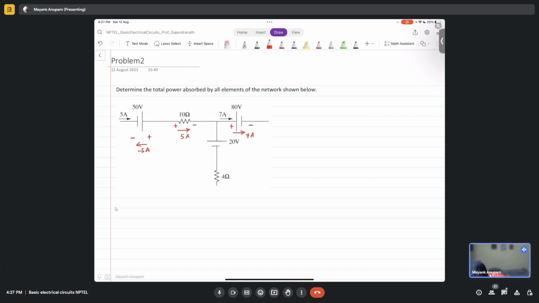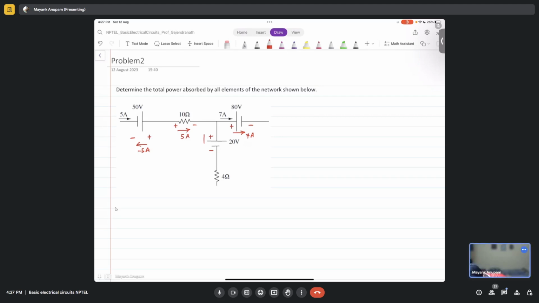Now with this 20 volts, tell me what should be the direction? By KCL, sir. Current by using KCL. Current flowing through the 20 volts battery should be 2 ampere. Correct. In which direction? As per passive sign convention, the current direction should be downwards.